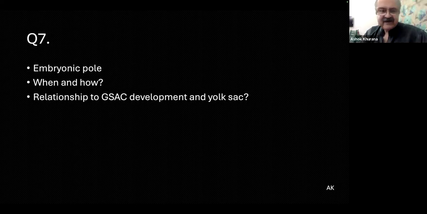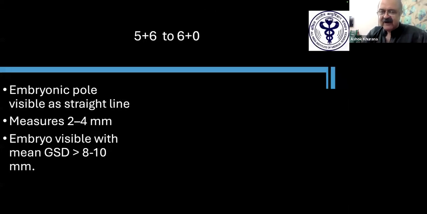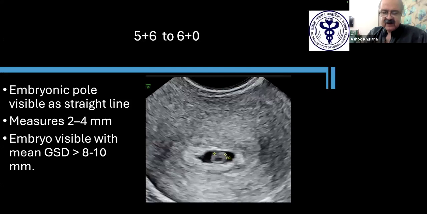Yeah, so the first thing is that we will now stop calling it the embryonic pole and we will call it the embryo, because there is no pole there. It's an embryo. And we used to use a lot of things until 2011. And then almost all the societies told us that, look, we need definitions which are completely different from what we were using before.